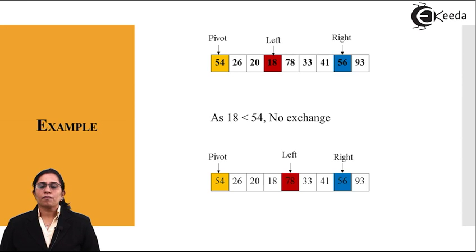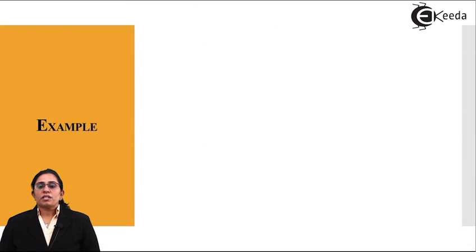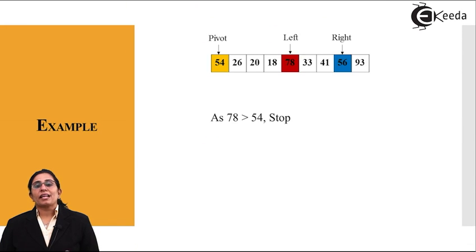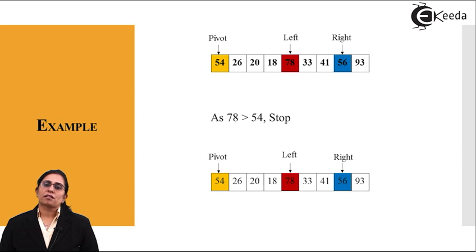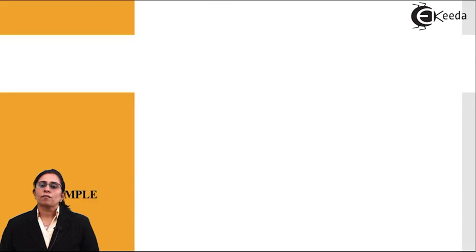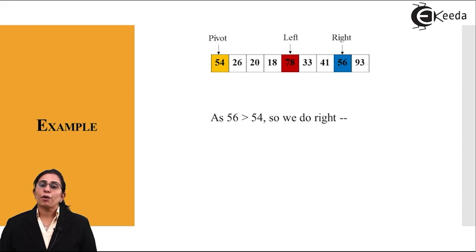So as we see, 78, when I compare, is greater than 54, so I stop there. Then I move to the location of 56, the right element, and compare whether 56 is greater or less than the pivot element.